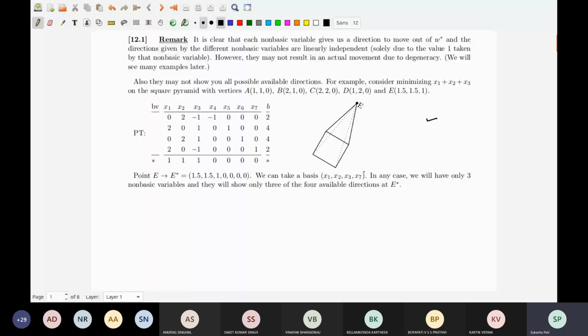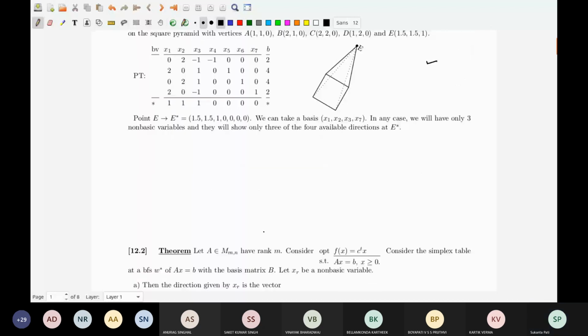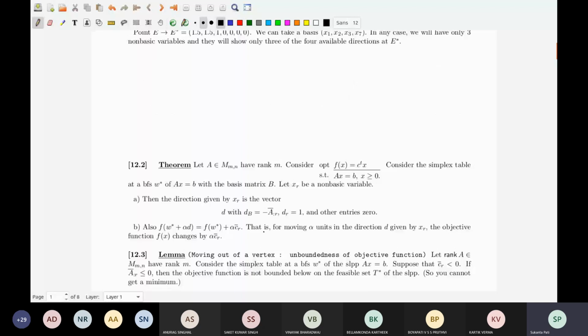Whatever we have done till now via example can now be summarized as a general theorem, and this is what it says. Suppose that you are looking at optimization of C transpose X subject to the constraints. Right now you do not need to say minimize or maximize, because you want to travel outside of a particular vertex.